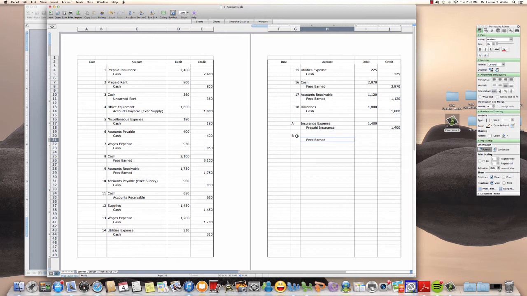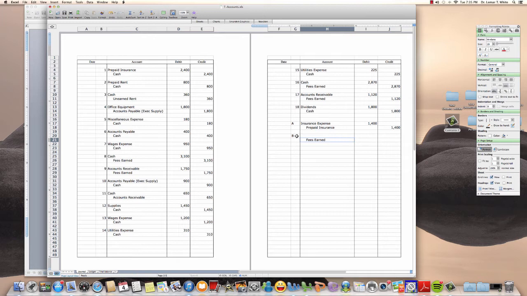Now, since I earned those fees, they're no longer unearned. So what do I need to do? My unearned rent account cannot remain at $360, because I've now earned some of those fees. So I need to reduce that account. And remember, the unearned rent works the same way as revenues. So in order to increase it, we credit it.